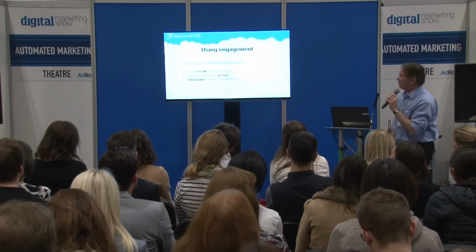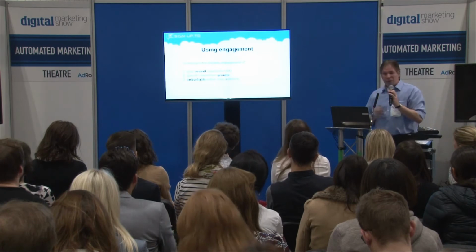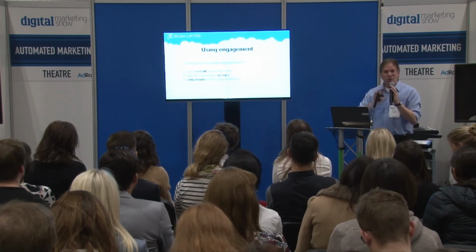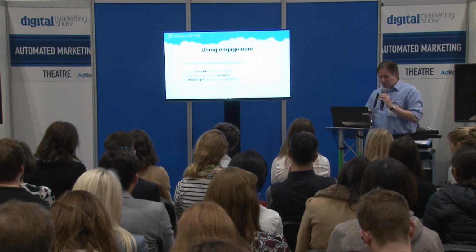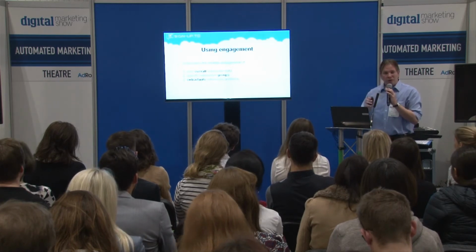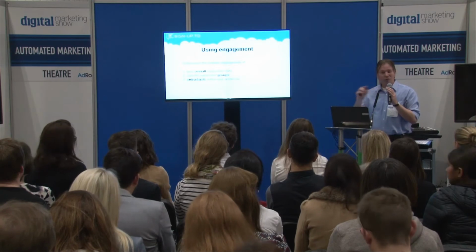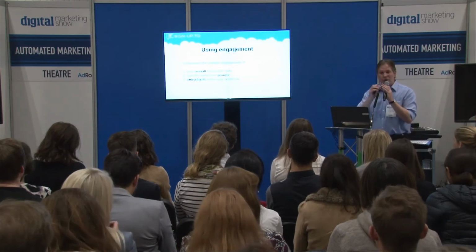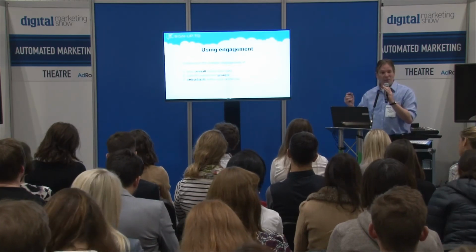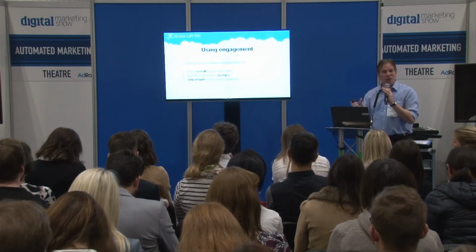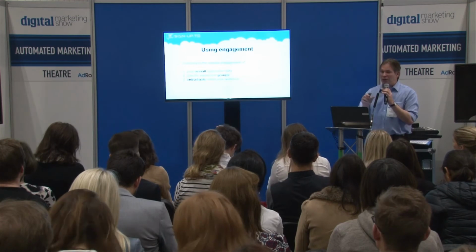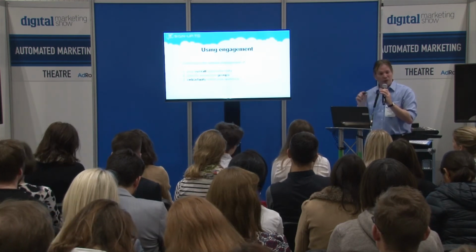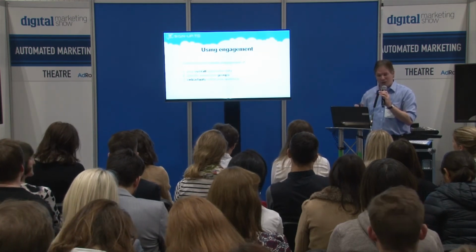Okay, I'll go back behind here. So there's a couple of examples of what an engaged and a disengaged database might look like. I mentioned already that you can do this at an overall database level. You can segment individual groups and look at the engagement profile of that group, or you can look at the history of individual subscribers within your database.